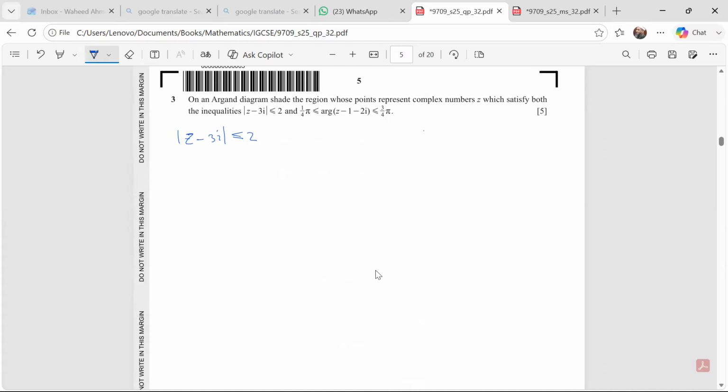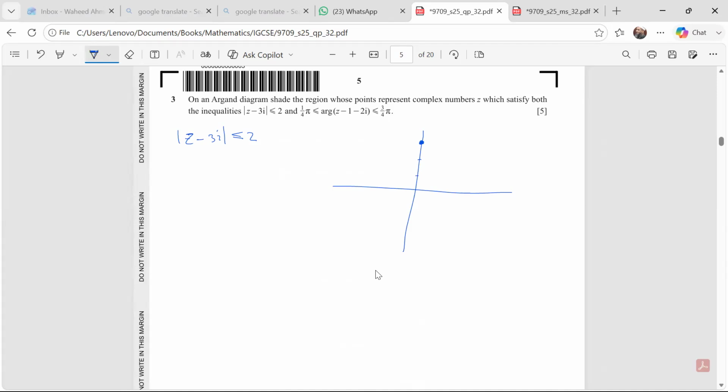If I try to sketch it, my goodness, I'm not very good at sketching. So you see, 3i is here: 1, 2, this is 3i. So all the complex numbers whose distance from this point is less than or equal to 2.